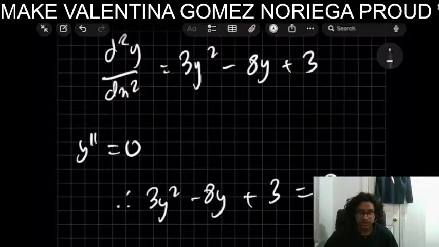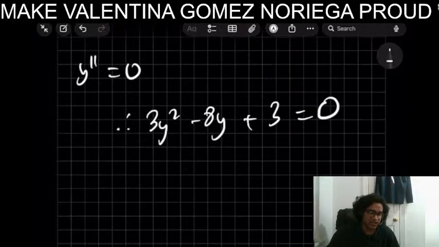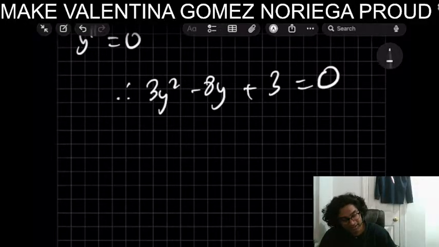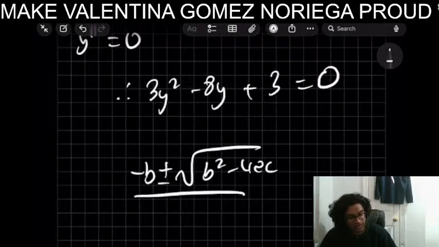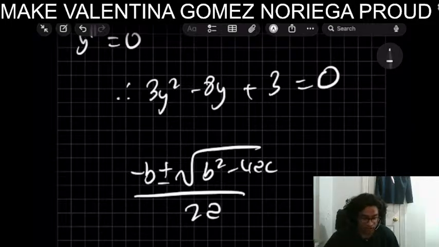This will be the equation, and now we're going to solve the quadratic. 3y square minus 8y plus 3. What was that equation? Minus b plus minus square root of b square minus 4ac divided by 2a. So you're going to have 8, 64 minus 36 is what?